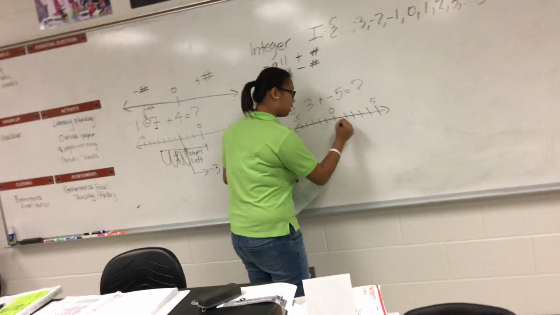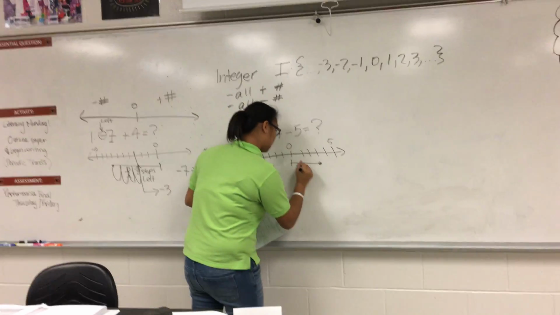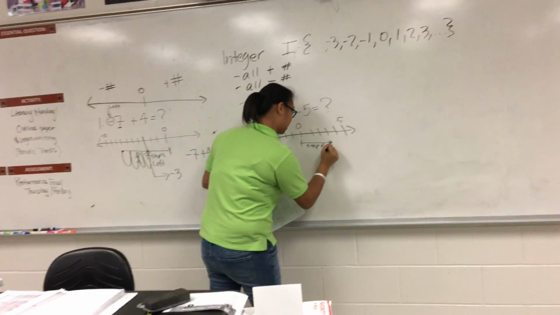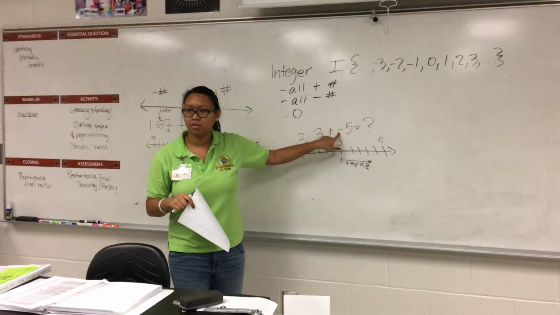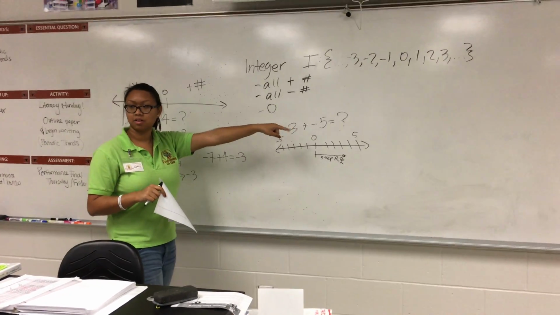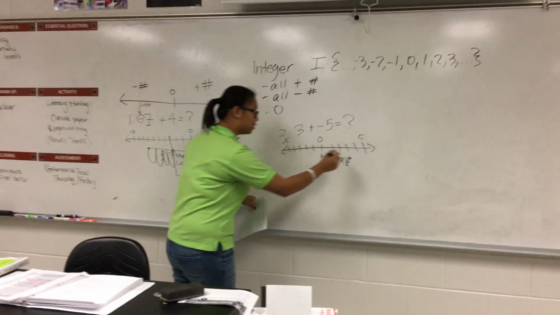So we're going to start at 0. 1, 2, 3. We're going to go 3 steps to the right, and our little guy's facing that way. Do you guys remember what I said about when you see the negative? What way are you going to go, left or right? Left. How many steps left would you take? 5, from where you are.